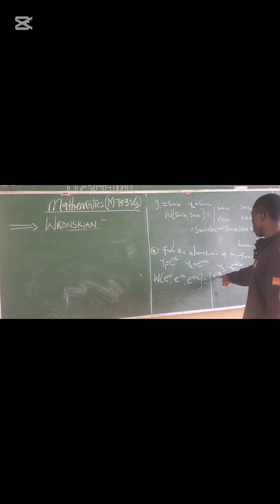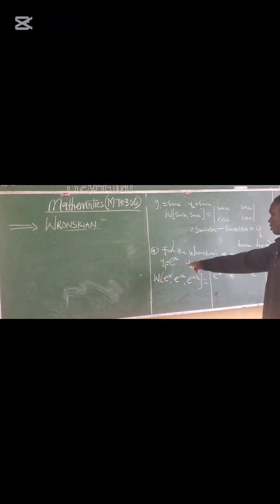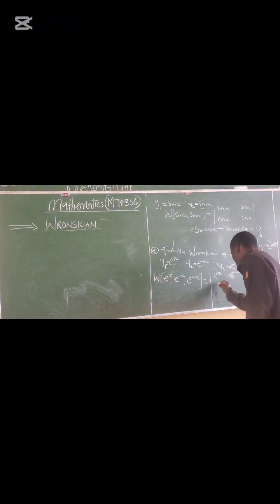Alright, so if I differentiate this thing, I'm going to differentiate them 3 times. I differentiate each of the functions 3 times because we are having 3 functions here, 1, 2, and 3. So this will give me exponential x. This will give me minus exponential x. If I differentiate it, the minus sign will multiply the function.